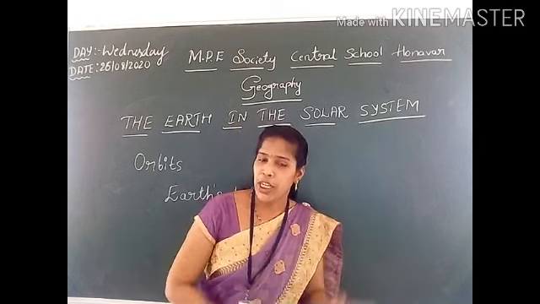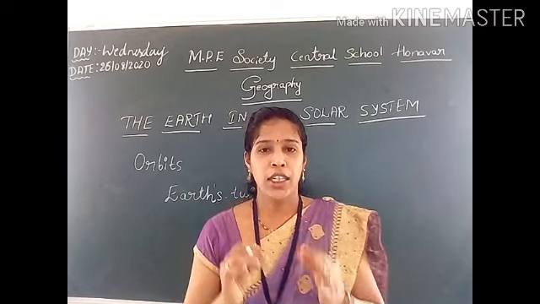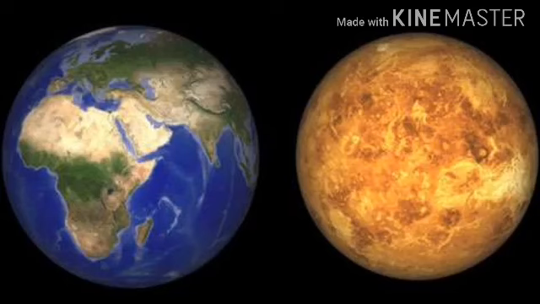So, Venus is considered as the Earth's twin. See these two planets. The first one is the Earth and the second one is Venus. Earth and Venus often get called planetary twins because both planets' shape and size are the same.